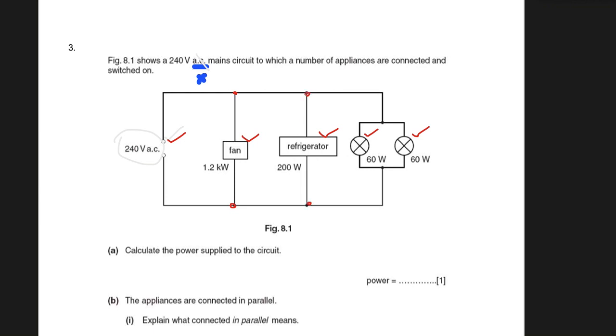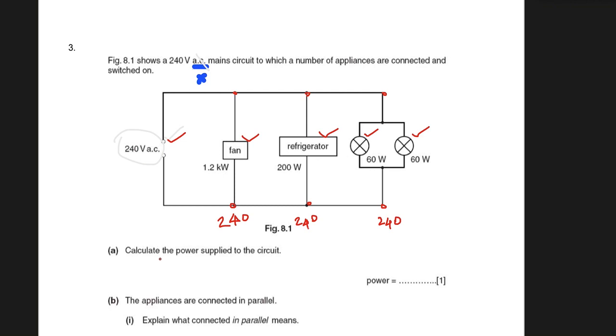That is why this kind of arrangement of circuit is called a parallel circuit, as the voltage applied to each one of the branches is 240 volts. And that is what I'm writing here, so that it's very clear that all the appliances connected to this are receiving the same 240 volts.